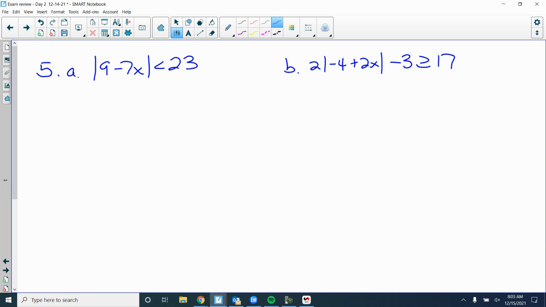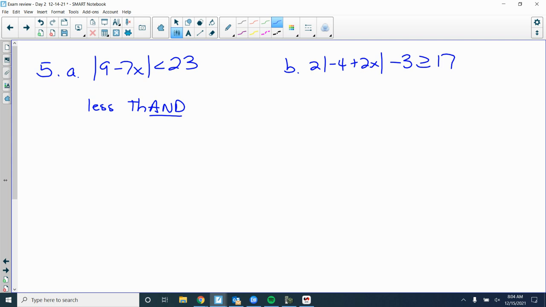All right, when you're dealing with an absolute value, it either turns into a compound inequality, one's an and, one's an or, based upon your initial inequality sign. If it is less than, it's going to be an and. When you rewrite it, you flip the sign and negate the number.